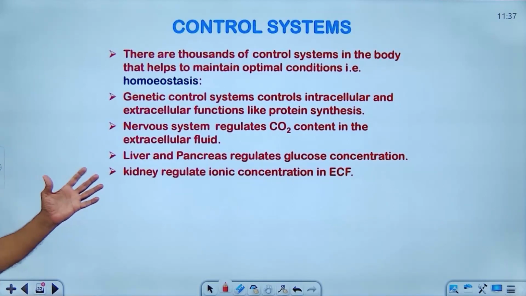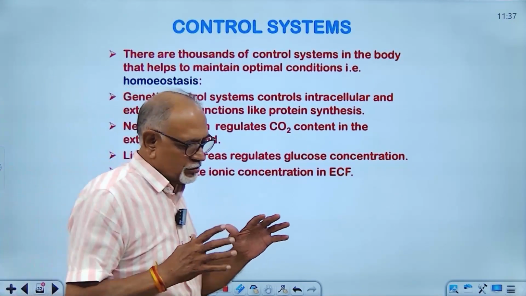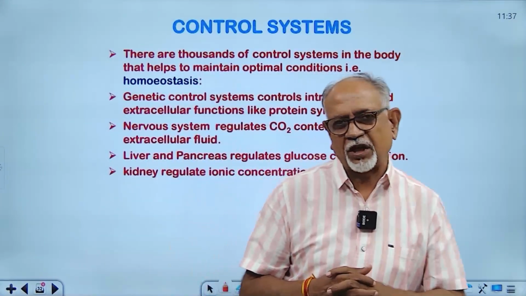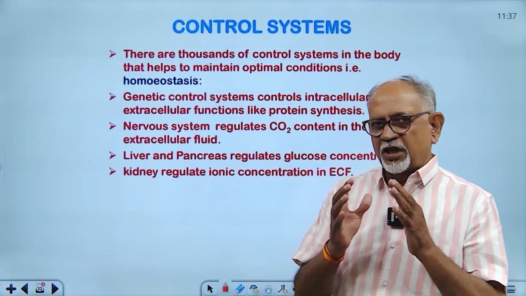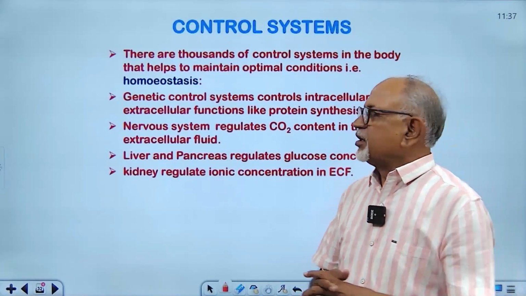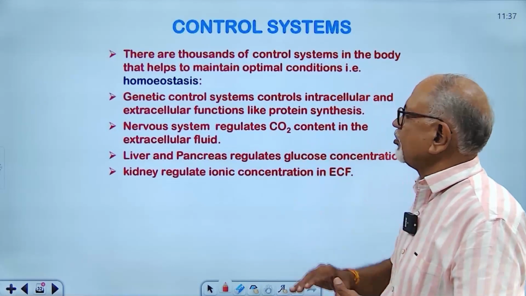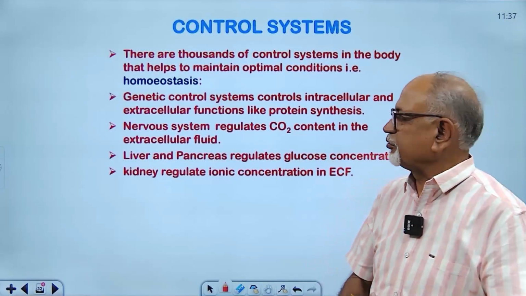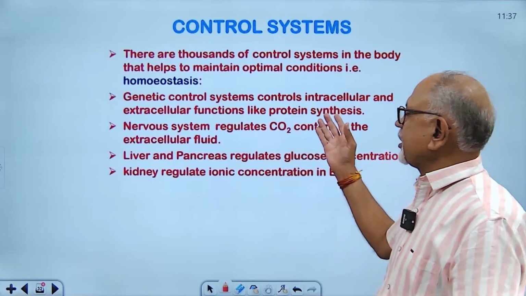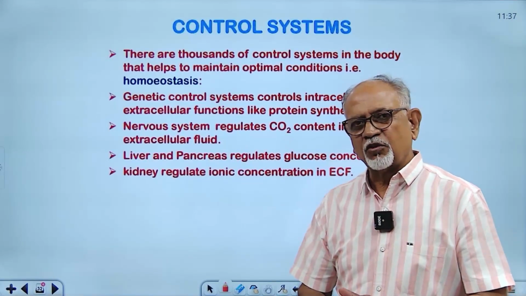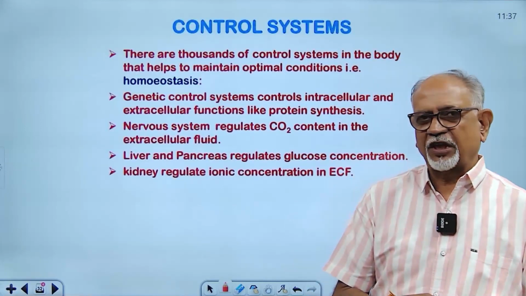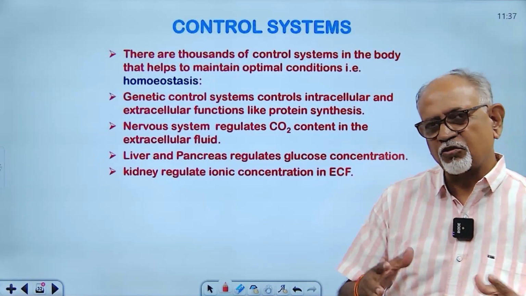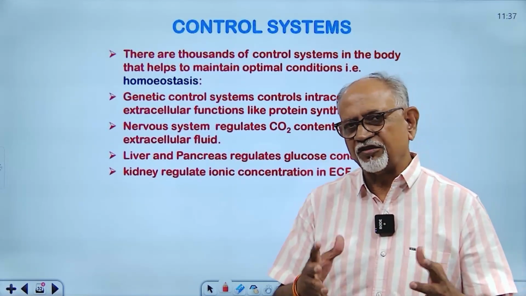Now, control systems. To control all these parameters at optimum level, there are thousands of control systems in our body for maintenance of homeostasis. One is the genetic control system, which is present inside the cells as genetic material, and it controls mainly protein synthesis.